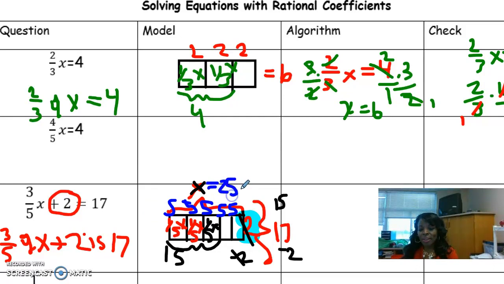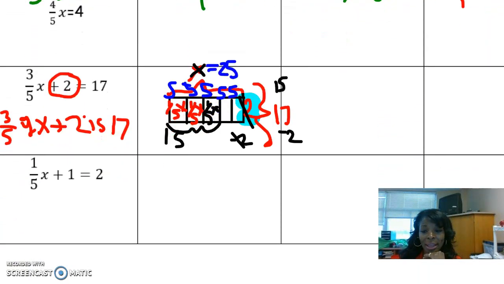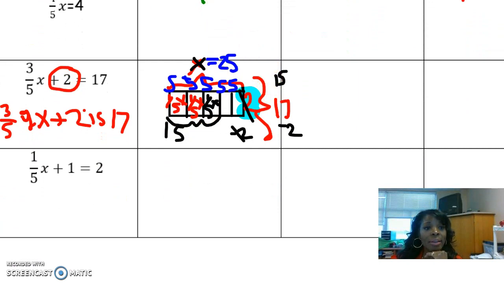So now, this is for understanding, but obviously, it's probably going to be just as handy if we do the algorithm. So let's write down 3/5 of x plus 2.